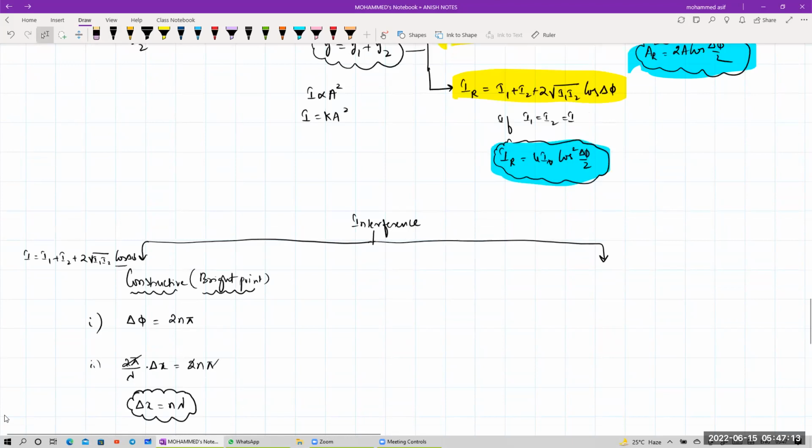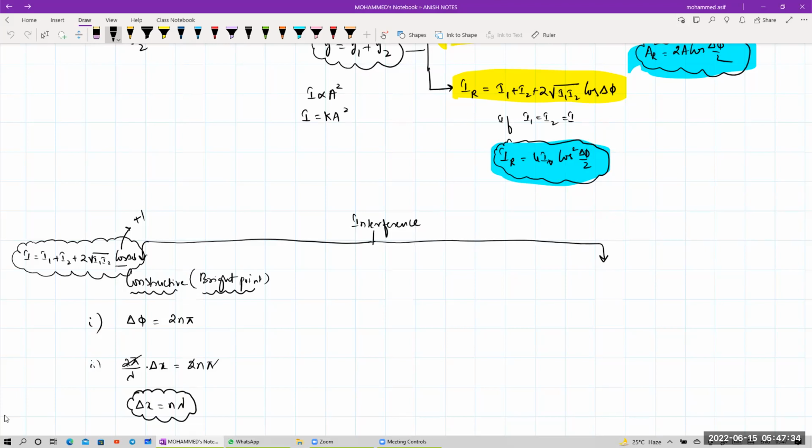All this I am writing from the basic formula I equals I1 plus I2 plus 2 times root I1 I2 into cos delta phi. The maximum value of cos delta phi must be plus 1, which happens for 2n pi. Clear?